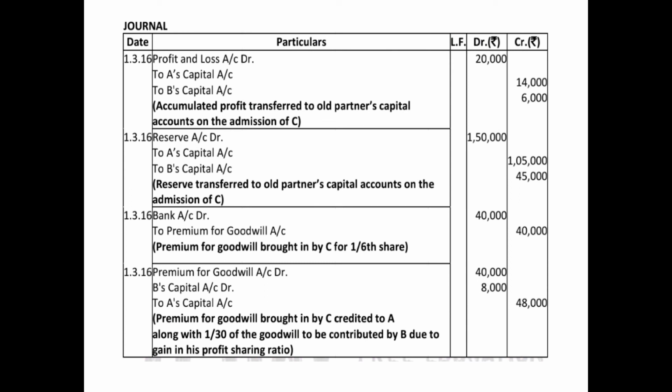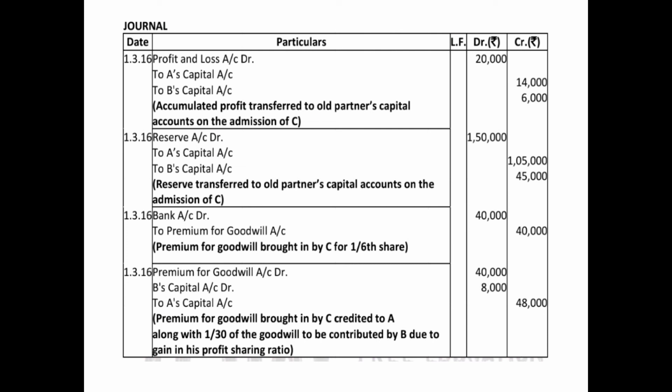So the entry will be profit and loss account debited 20,000 to A's capital account 14,000, to B's capital account 6,000, for accumulated profit transferred to old partners' capital accounts on the admission of C. Here we have distributed the undistributed profit of 20,000 in the old ratio among the old partners.